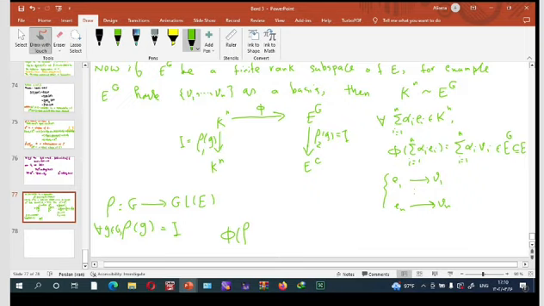Rho 1 of g of any element in K^n, such as this, equal to this, because this is the identity map.